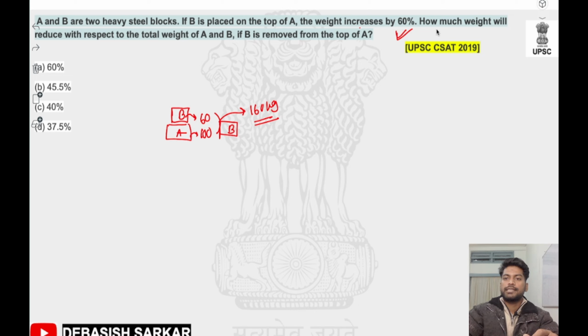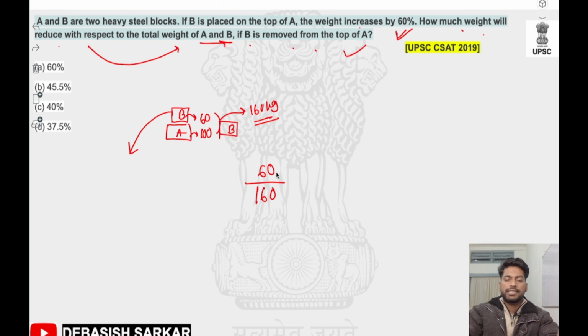Okay, now they are saying how much weight will be reduced with respect to the total weight of A and B if B is removed from the top. अब देखो B को नीचे निकाल दो. So total weight was 160 of A and B, and if we are removing B, that is your 60 kgs. Okay, so how much weight will be reduced?